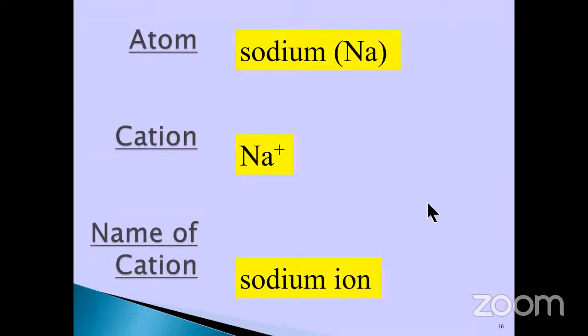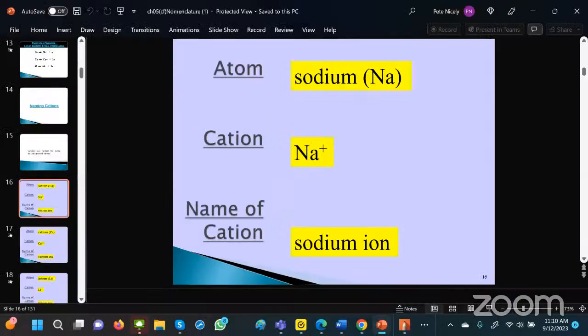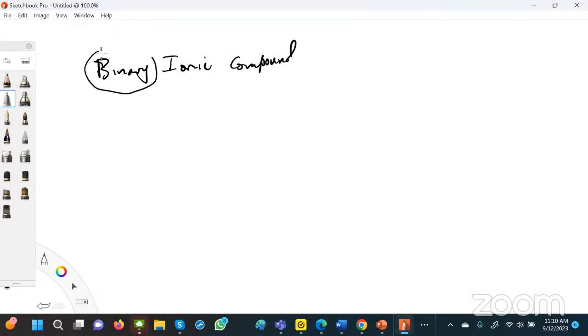So let me talk about a group of compounds known as binary ionic compounds. Now, the term binary means two. In other words, there are only two elements present in the compound.